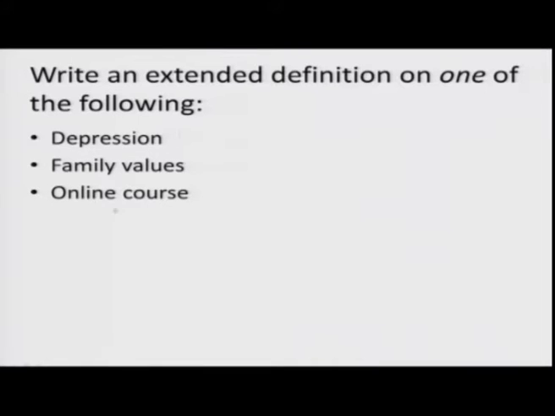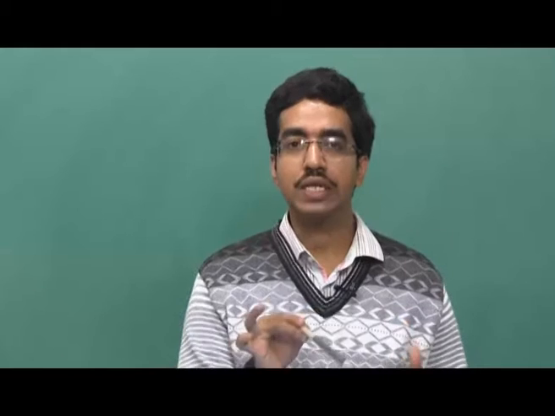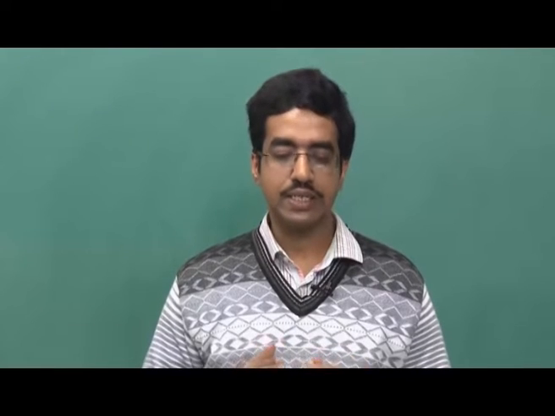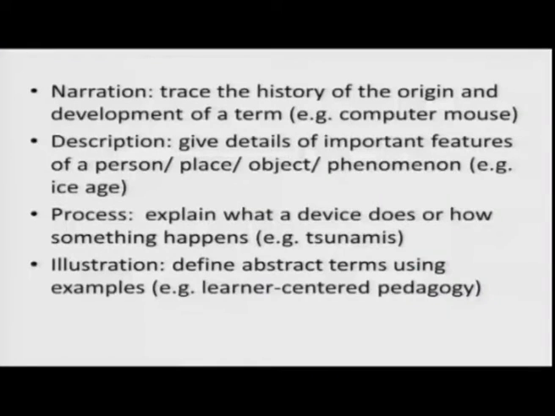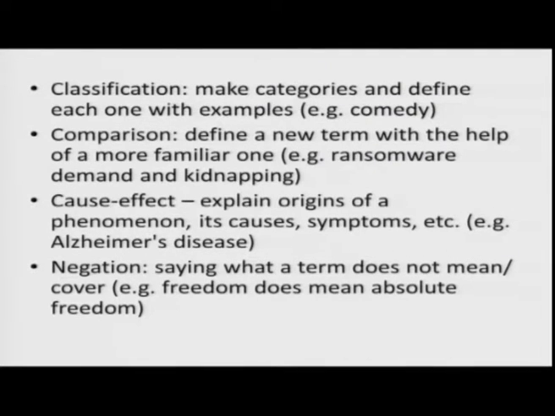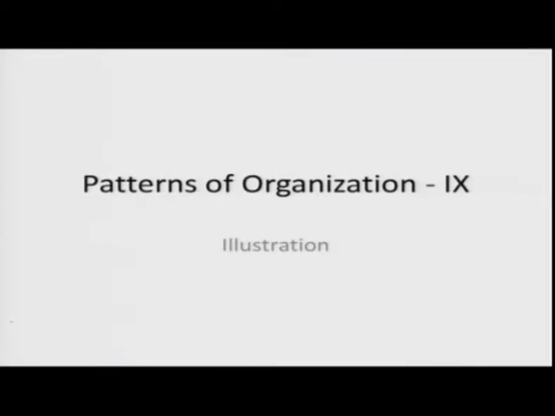So, in all these, first you give a simple definition, then you give more details following one of these techniques listed here, like narration, description, process, illustration, classification, comparison, cause effect, negation, these things. We will now look at another pattern of organization, that is illustration.